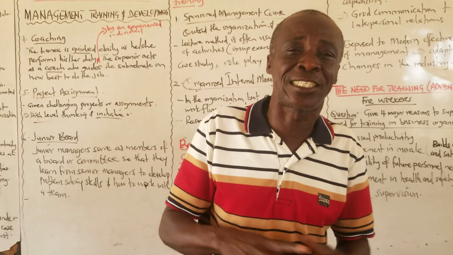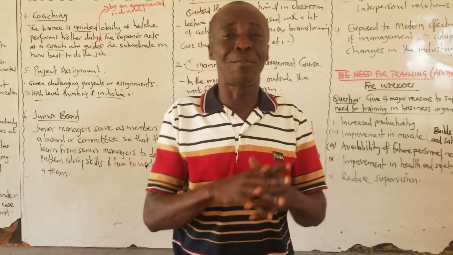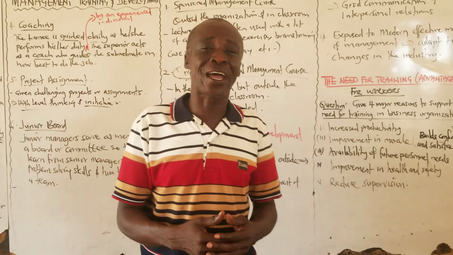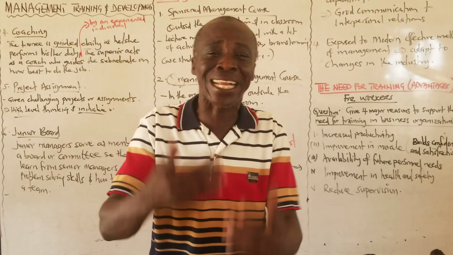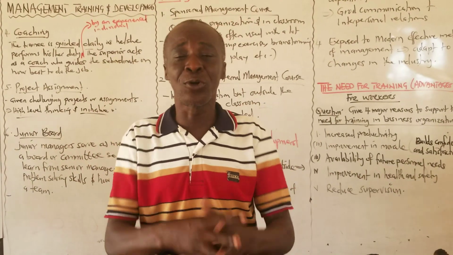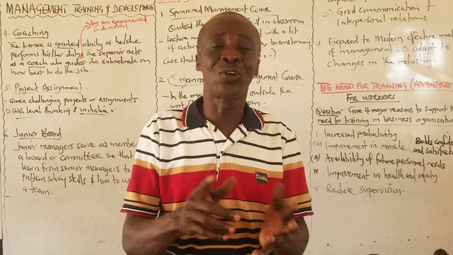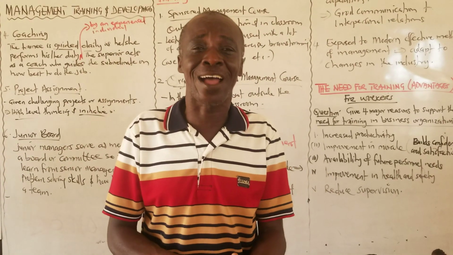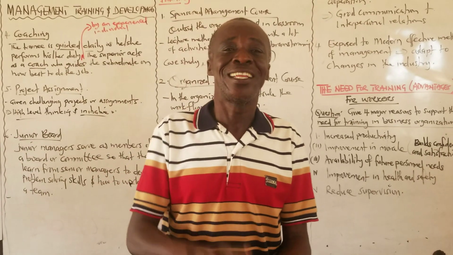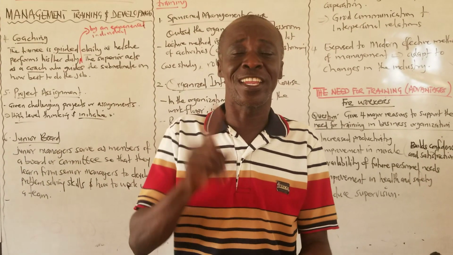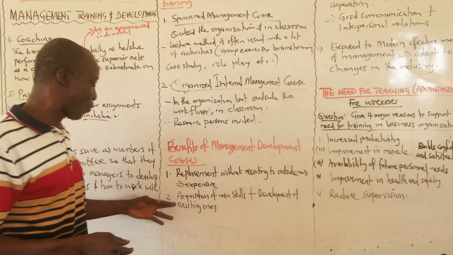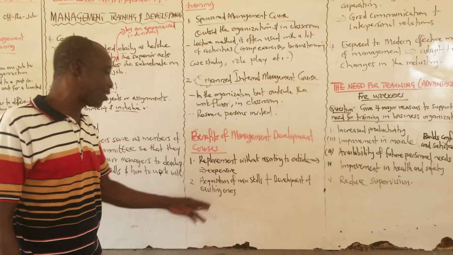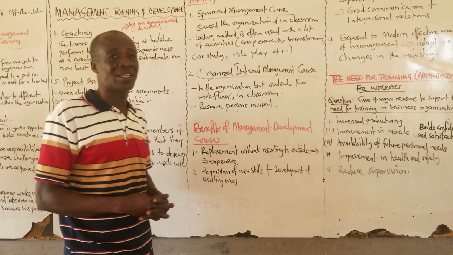What are the attitudes that the would-be manager lacks? So when you have identified that, then you train the person systematically to acquire those skills. So throughout the training, the person will acquire new skills. The person will improve upon the existing skills. So that is the second point. Acquisition of new skills and development of existing ones.